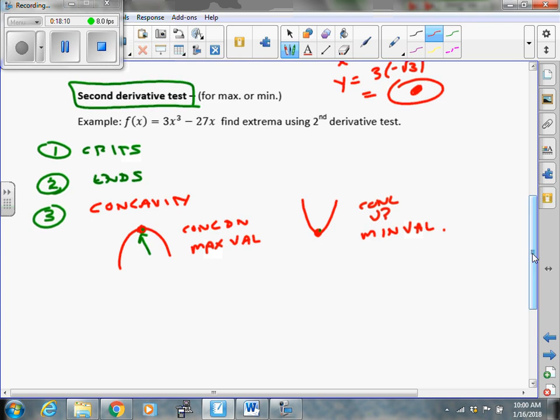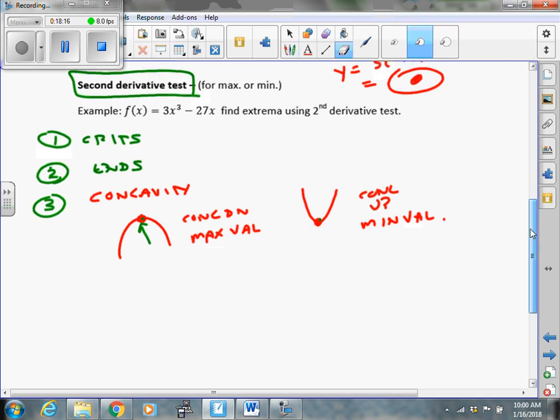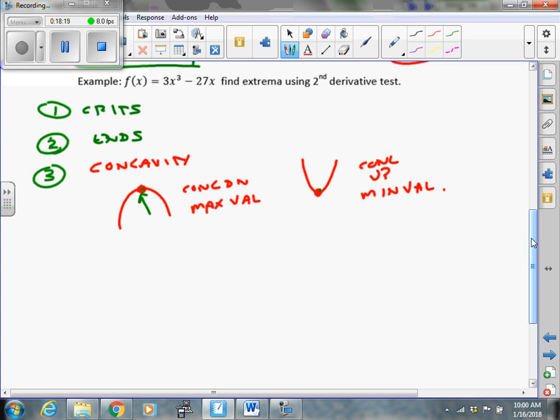So let's look at this exact same illustration here. Same equation. We already established our crits were at x equals negative radical 3 and radical 3. We established no ends. Now, step 3 would be, I can use my intervals.